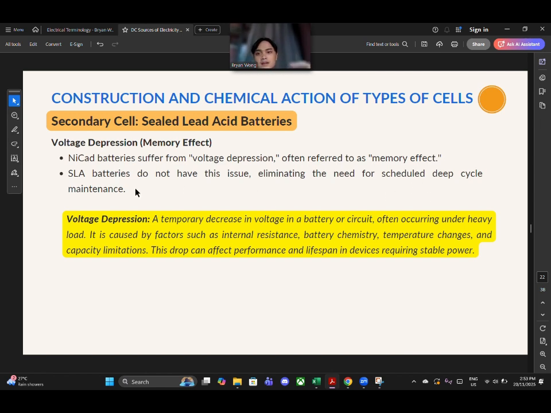The definition of voltage depression is a temporary decrease in voltage in a battery or circuit, often occurring under heavy load. It is caused by factors such as internal resistance, battery chemistry, temperature changes, and capacity limitations. This drop can affect performance and lifespan in devices requiring stable power.